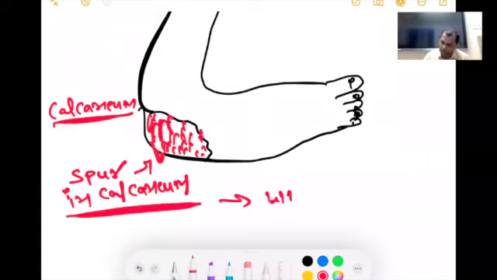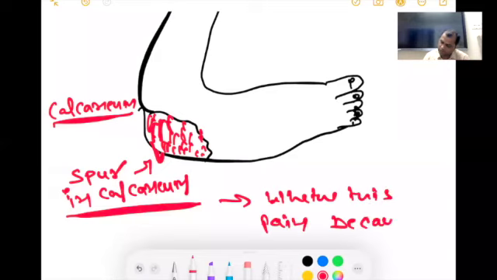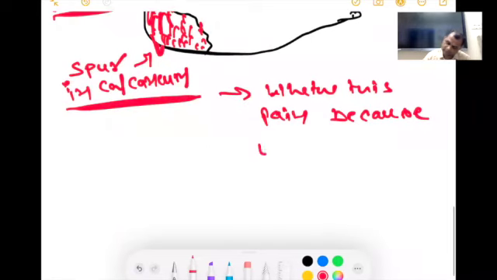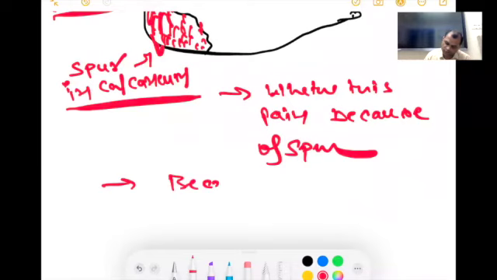Is this pain because of the spur, because of the unwanted growth?